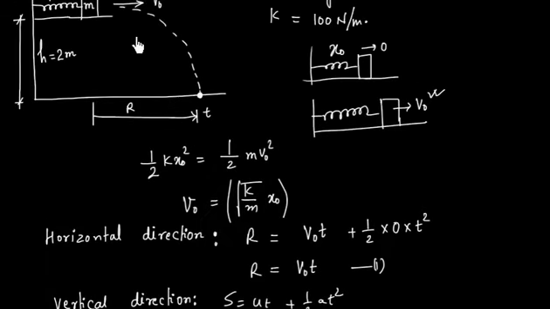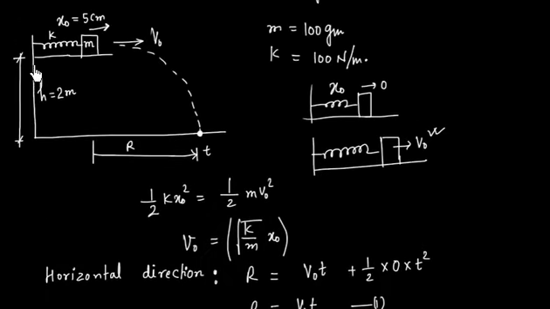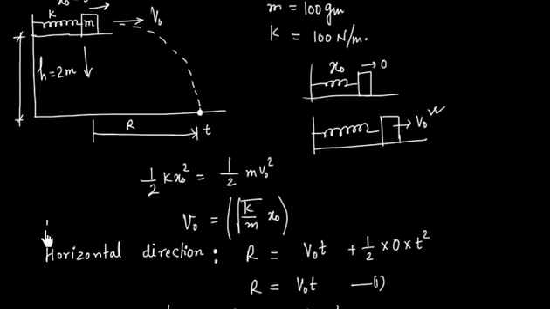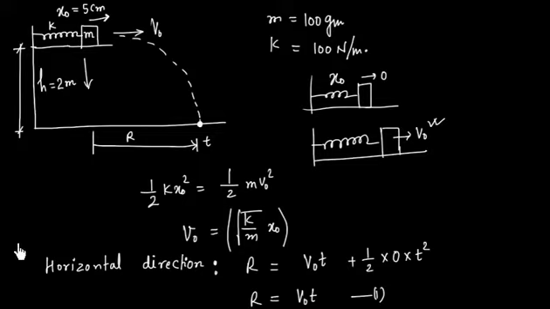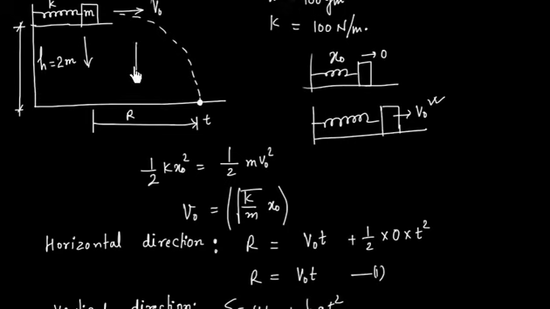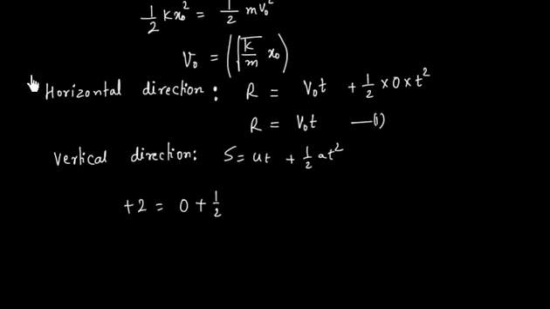Now this block is coming in the downward direction. So h is 2 meter. Let us measure in the downward direction. So 2 meter in the downward direction is positive. Initial velocity in y direction is 0. It has only x component of velocity. Now acceleration is also in the downward direction. Gravity is in the downward direction.